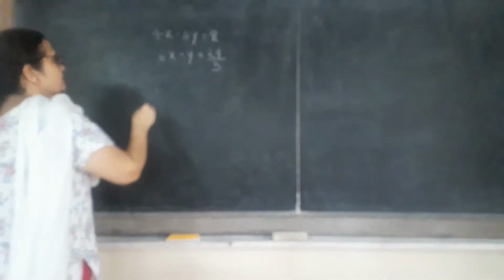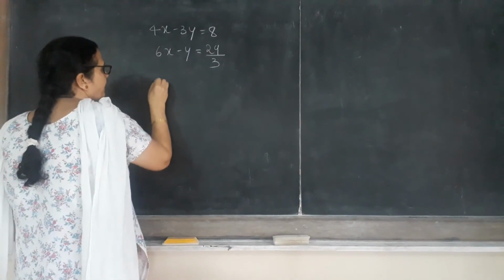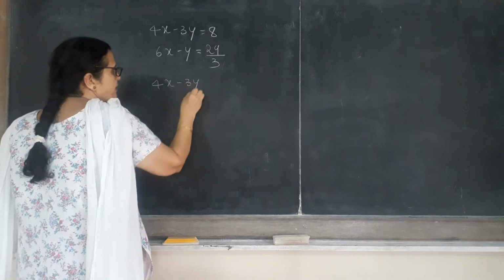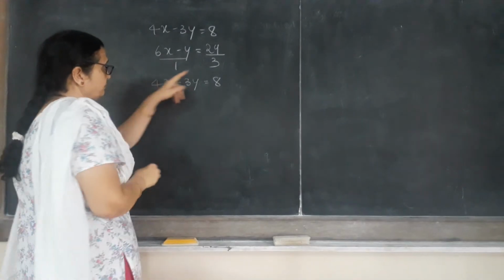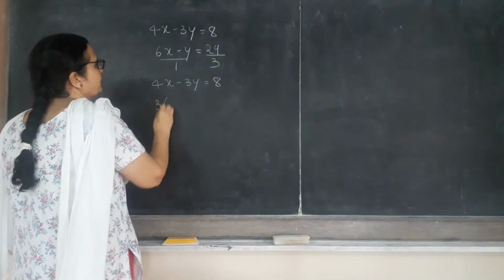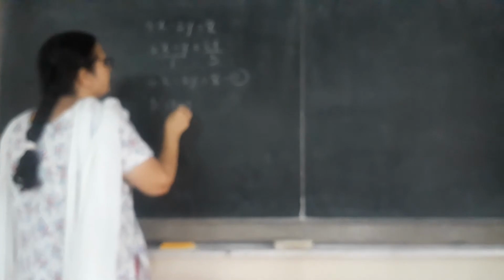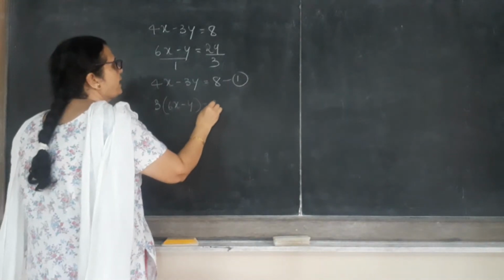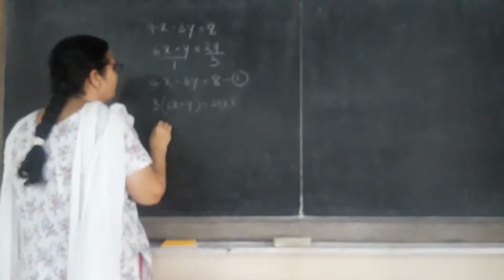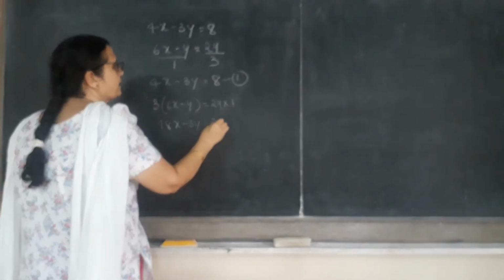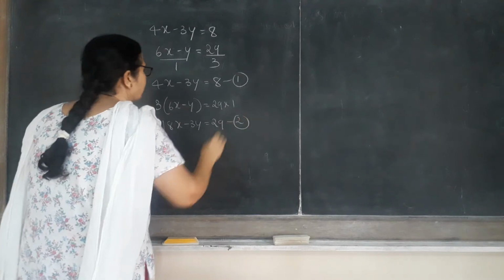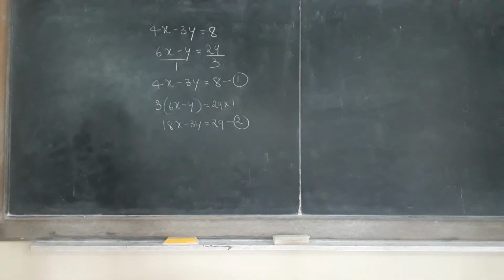First sum, 4x minus 3y is equal to 8, this is simple. Second one, cross multiply. This is equation 1. 3 into (6x minus y) is equal to 29 into 1. 18x minus 3y is equal to 29. This is equation 2.